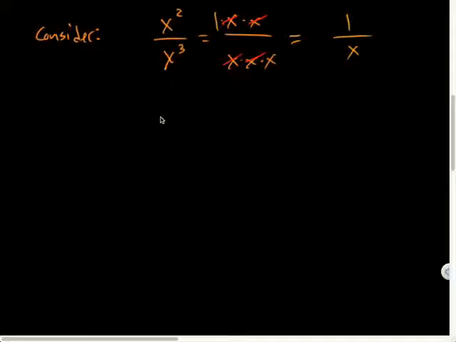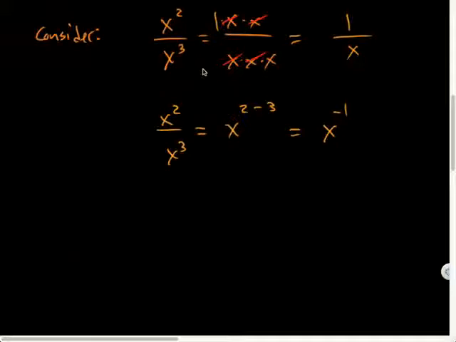However, what if I did the same thing using our subtracting exponents rule? I would do x to the 2 minus 3, which is x to the negative 1. And if this is equal to that and this is equal to that, by the transitive property of equality, those would also equal each other.